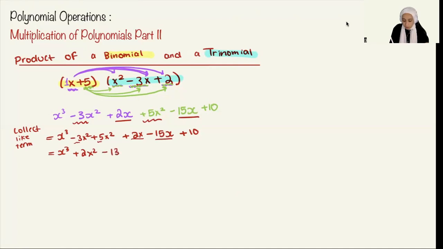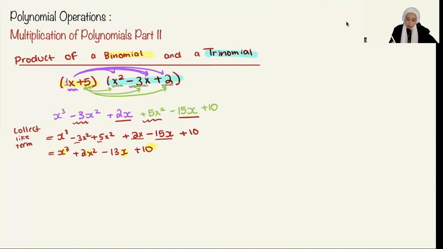I'm left with negative 13x plus 10. And then over here, I can see that each of these terms is one of its own. So x cubed, x squared, x, and 10. Okay, so I can see that I don't need to do anything further over here. This is as simplified as this product will go.